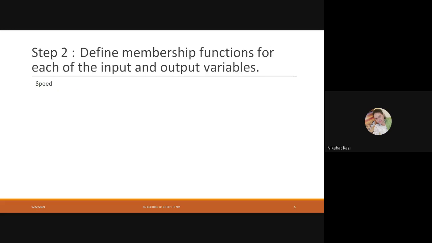Let us first plot it. You can assume different ranges. I'm making the design for you right now, and I want you to solve it. When we are doing the rule evaluation, for whatever inputs I'm mentioning, you should get the same answer. So that is why you are following this.